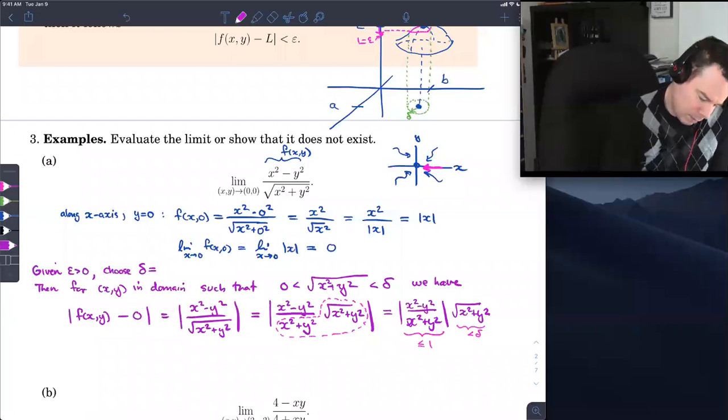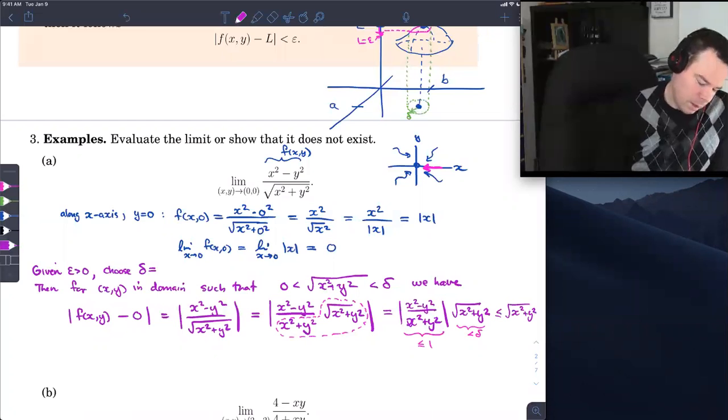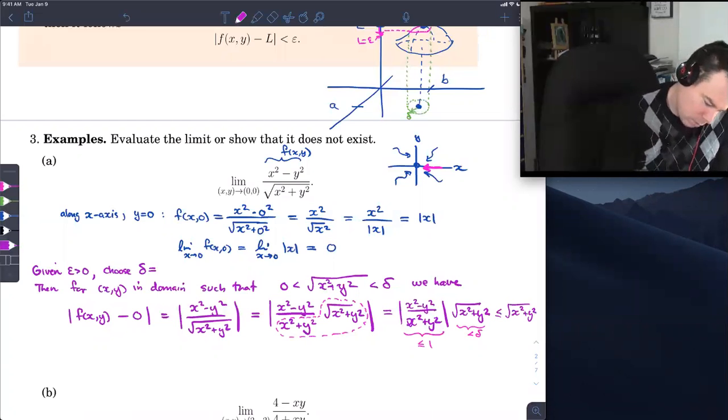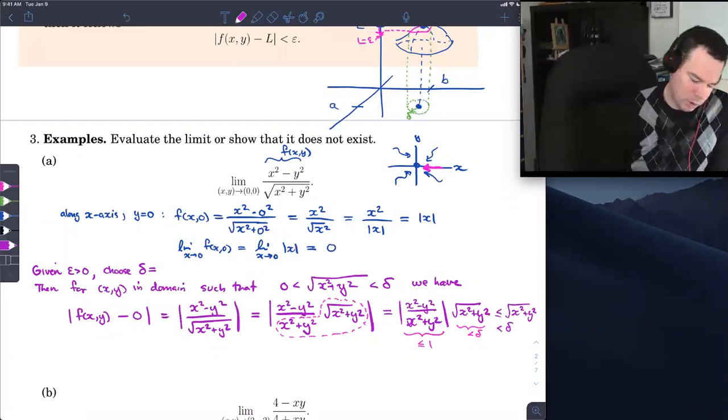So that tells me that this is at most the square root of x squared plus y squared. And I want that to be less than epsilon, but that's strictly less than delta.